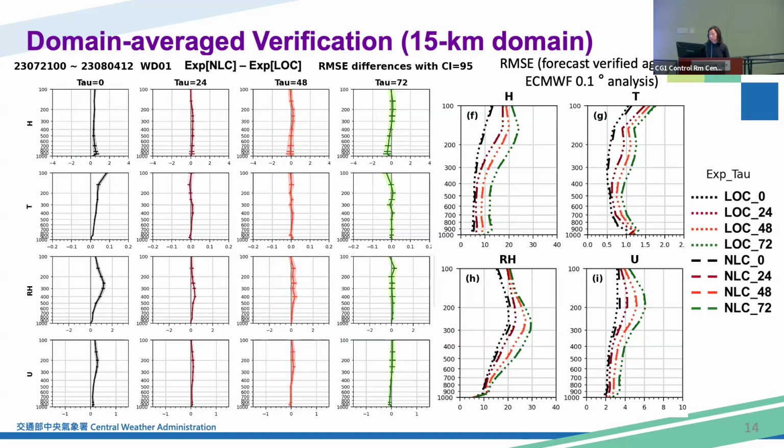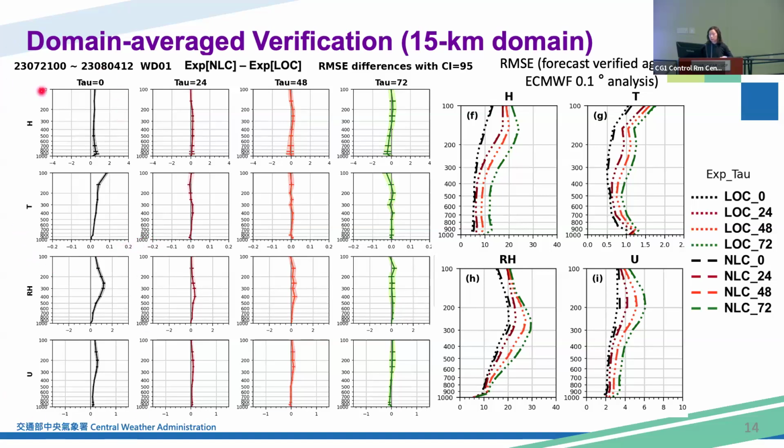Here we take a look at our 15-kilometer domain average verification result. Between these two experiments, we can see the root mean square error, which means the forecast verified against the ECMWF 0.1 degree analysis field. The RMSE does not show a very significant difference, and we calculate the RMSE difference with the confidence interval.